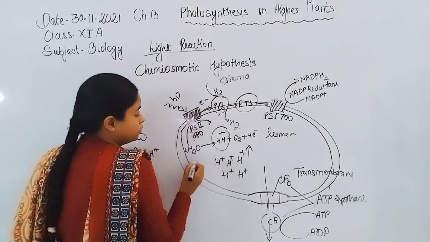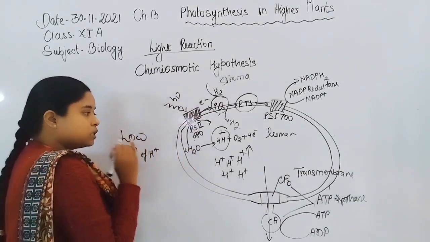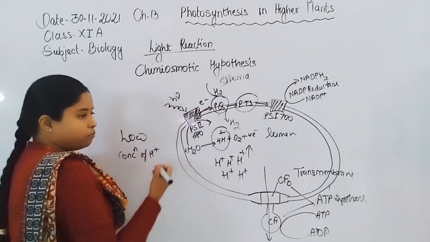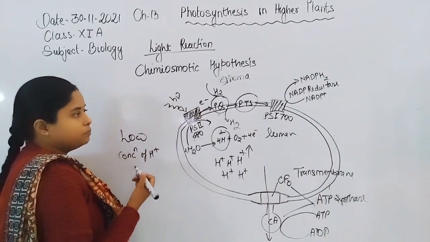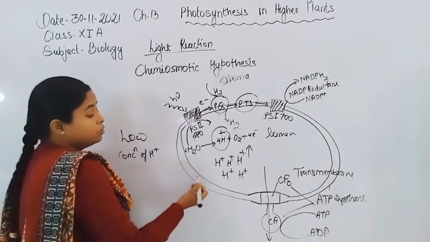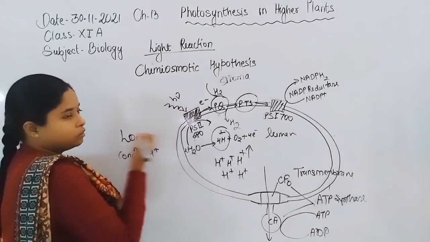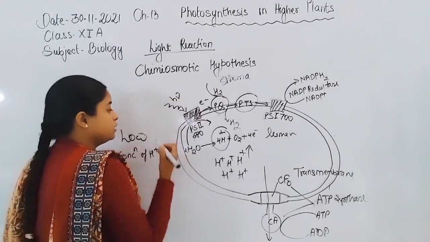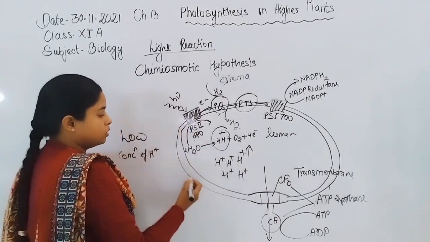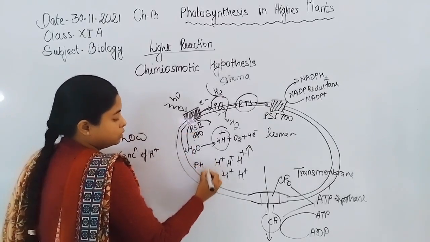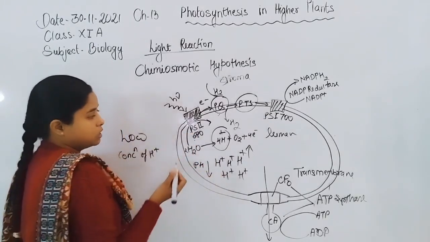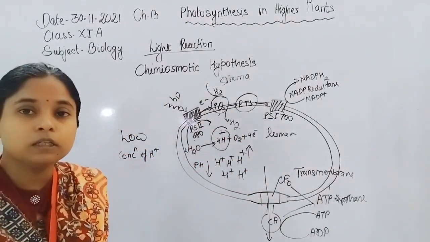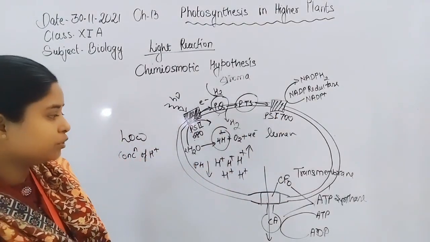That's why overall the proton concentration always increases in the lumen step by step during the formation of ATP and NADPH2. So in the lumen of the chloroplast or thylakoid the proton concentration always increases, and due to this the pH of the lumen decreases and becomes acidic, which may destroy the membrane proteins and enzymes.